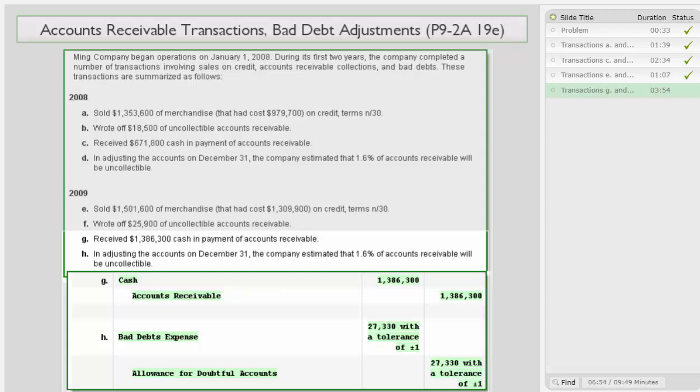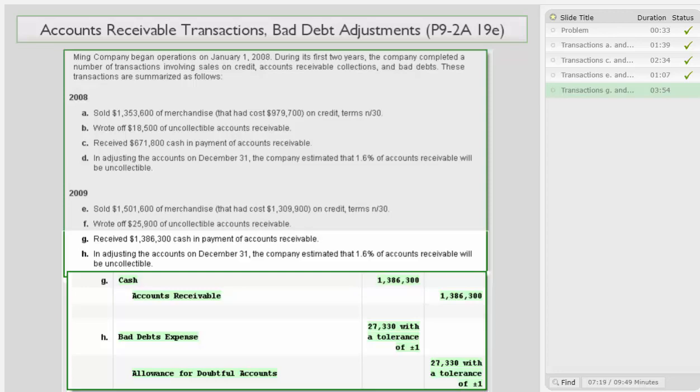Keep in mind that what we are using here is what I call a balance sheet approach. When we use the allowance method that is based on a balance sheet account, then we have to focus on getting the balance sheet account portion of the transaction to be correct. That's why we're computing the allowance for doubtful accounts balance, and the offset goes to bad debt expense.